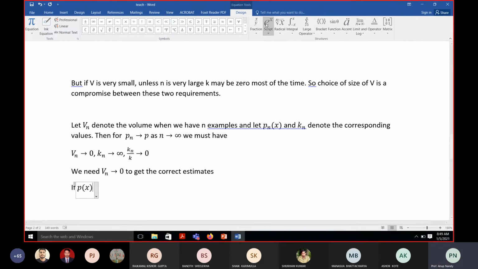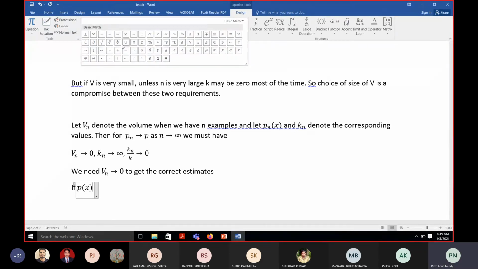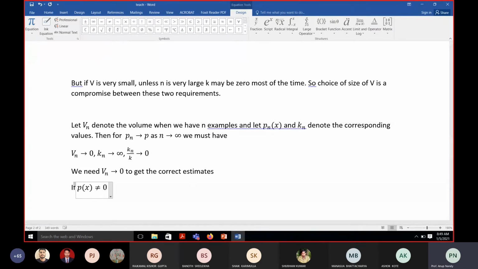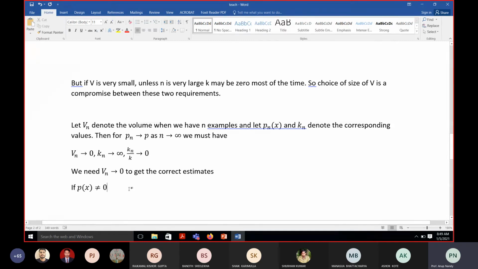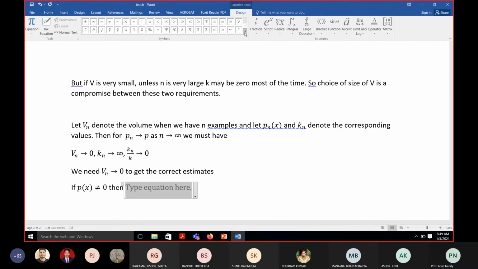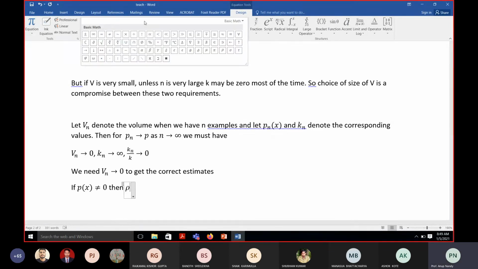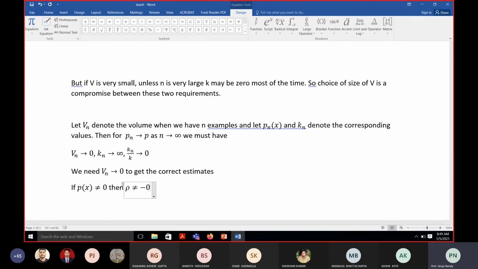Now if p(x) is not equal to 0, I mean if your density function is not equal to 0, then this rho value is not equal to 0.